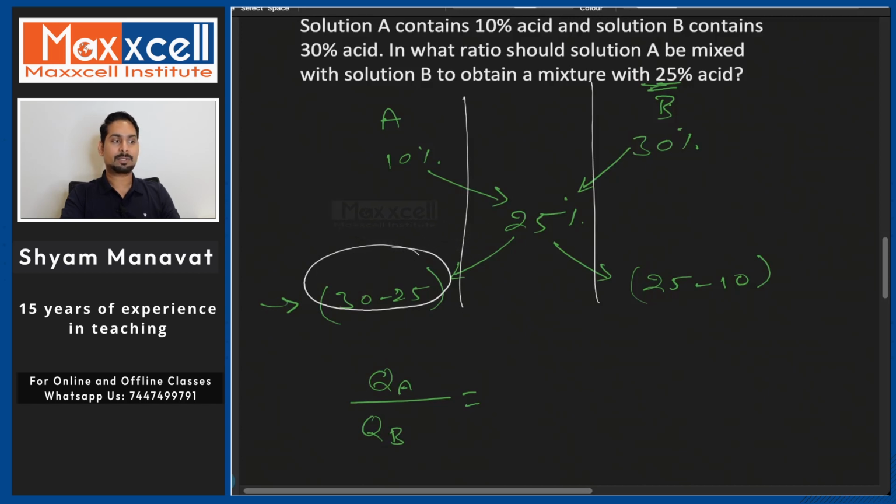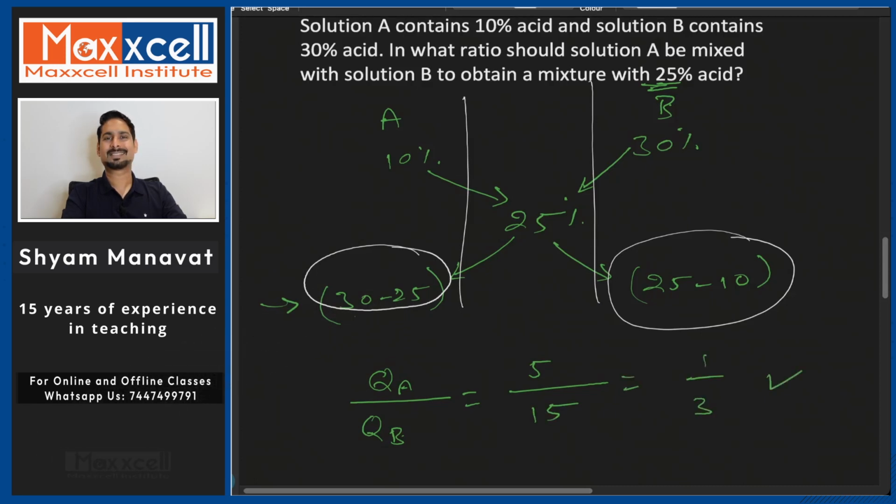So quantity of A divided by quantity of B. Quantity of A is this, which is 30 minus 25, that is how much? 5, divided by quantity of B, which is this. Take the respective value, 25 minus 10, which is 15. Answer is what? 1 upon 3.